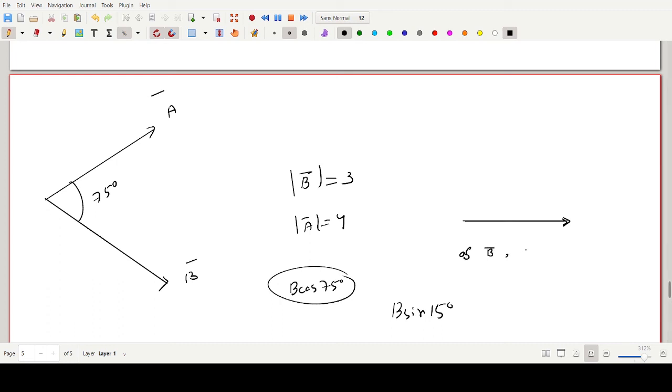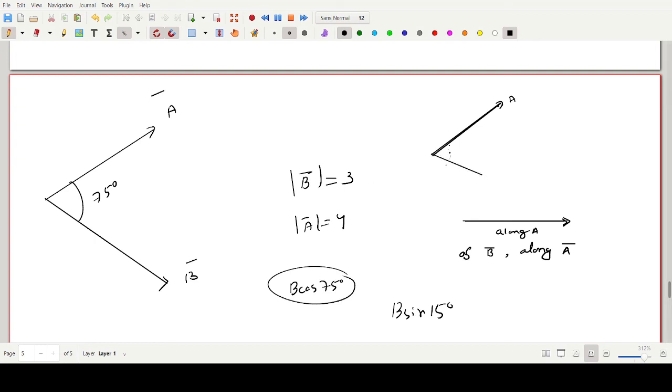Of B along A: the along will remain the same. B will initially be assumed in this position, then we will rotate it anti-clockwise to reach its given position.